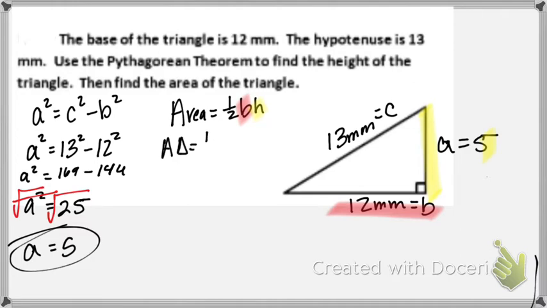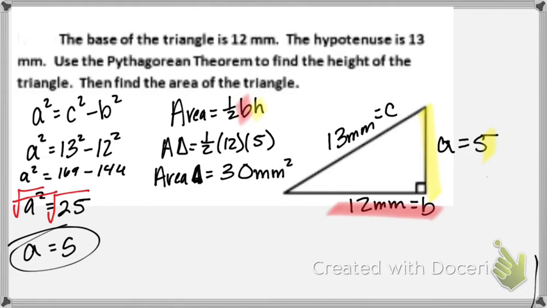Area of the triangle is 1/2 times 12 times 5. I believe that's 30, but let's make sure. Yep. The area of the triangle is going to equal 30 millimeters squared, because area is squared.